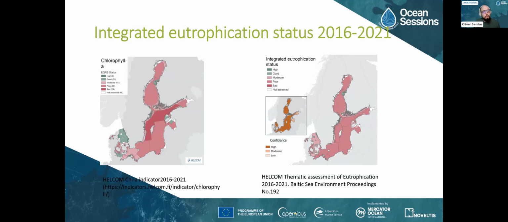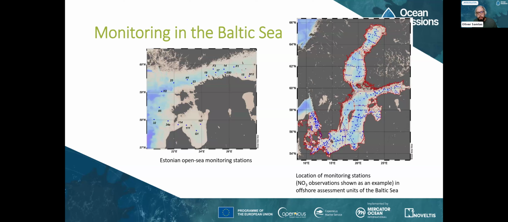Currently, however, routine marine environmental monitoring, including the actual acquisition of some of the parameters needed for the indicators, is being carried out with too low spatial and/or temporal resolution. On the left, you can see an example of the Estonian open sea monitoring stations, of which there are 19 that we visit 6 times a year.